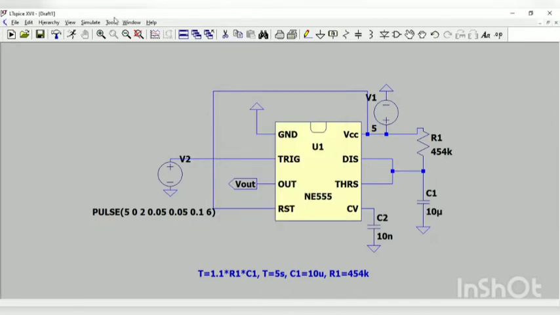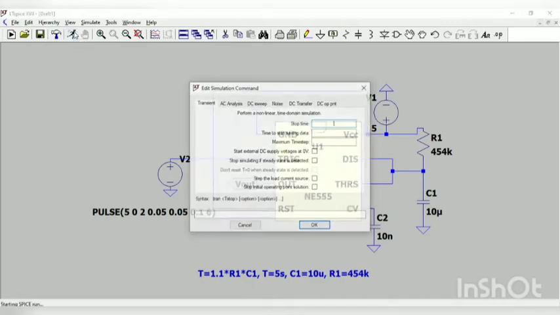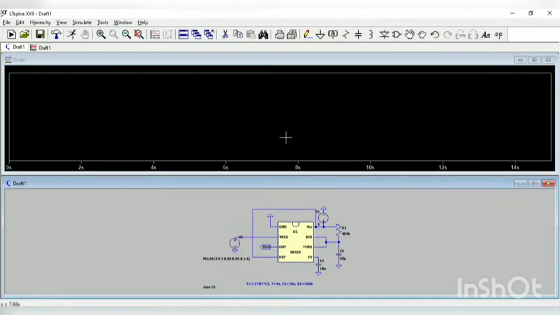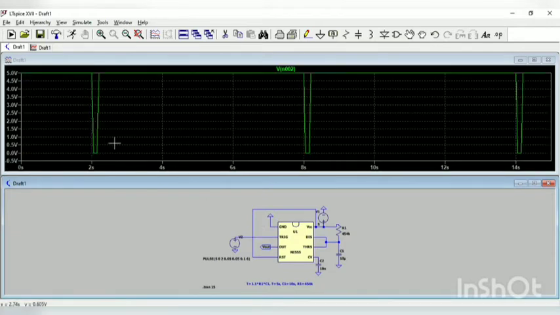So let's run this circuit and see the results. We will run this for around 15 seconds. Let's check our trigger input. There are three trigger inputs, one at around 2 seconds, at 8 seconds, and at 14 seconds. Now let's check the output voltage.